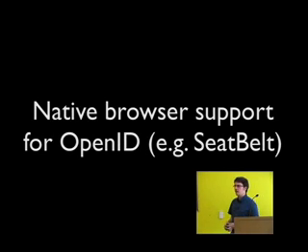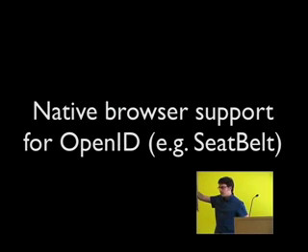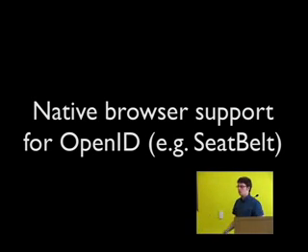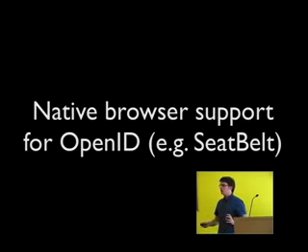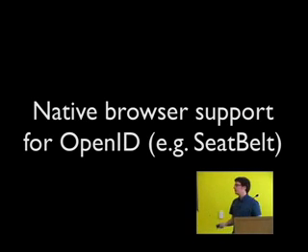And it gives you other little things, like the Seatbelt toolbar will tell you if you're signed into your identity provider. It'll encourage you to sign into your provider first thing when you launch your browser. And that's really good news. And Mozilla have announced that Firefox 3 is going to have OpenID support. At least it's one bullet point on a massive list on their wiki. So hopefully in Firefox 3, they'll integrate something like Seatbelt, which will help deal with this problem.